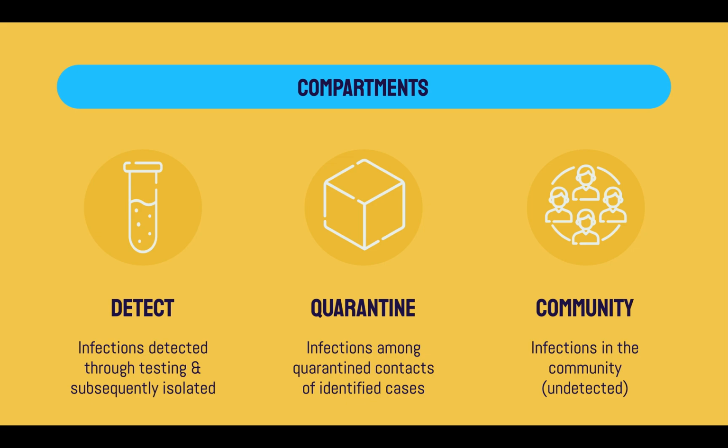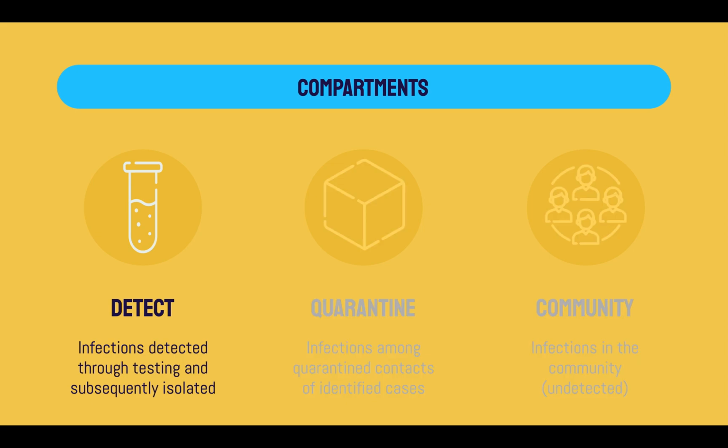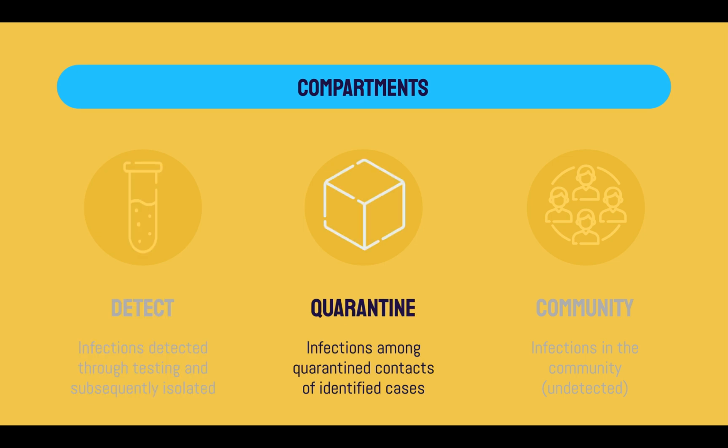We can think about three mutually exclusive compartments for people who are infected to fall into. The first would be people who are infected, detected through testing, and subsequently isolated. That would be the detect compartment.